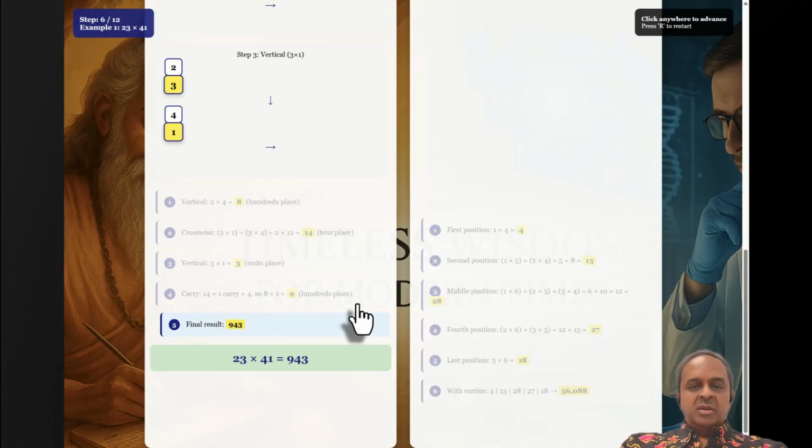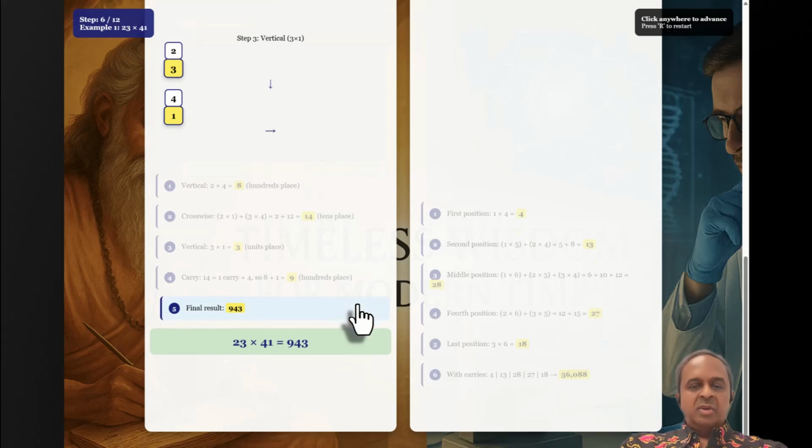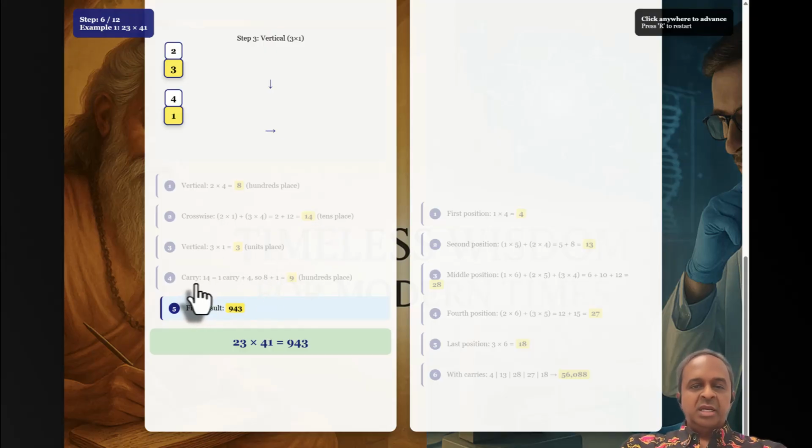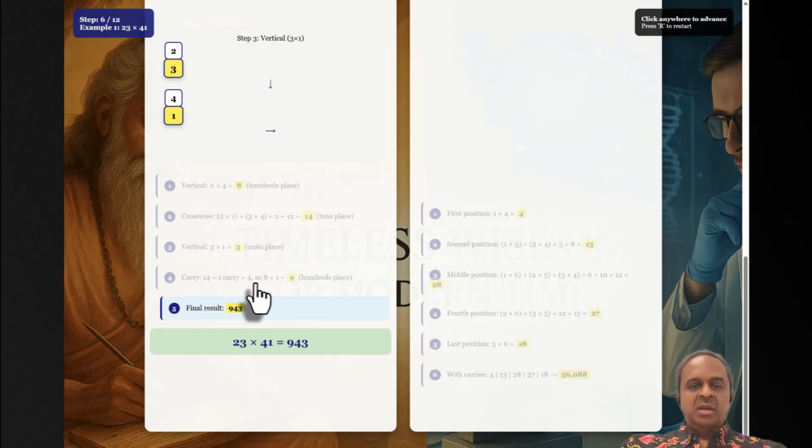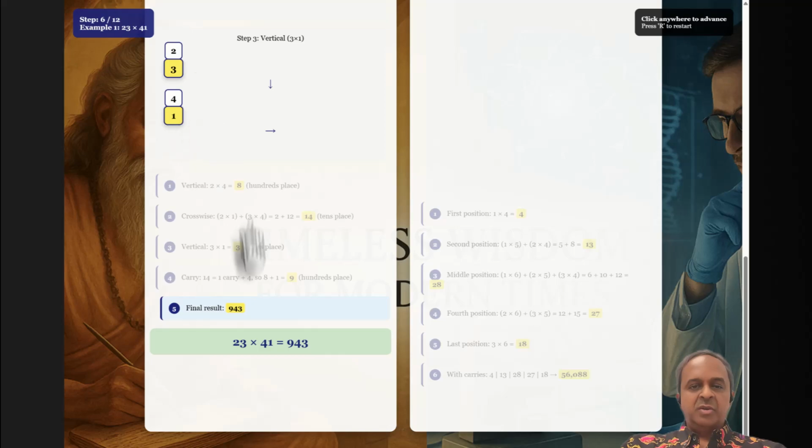Okay, so if you do it that way, you can see, when we did step 2, you had 14, right? Then when you do the vertical, you had 3. Out of the 14, 1 is carry, and 4 is the answer. So when you do the units vertical 3, that comes here as the units.